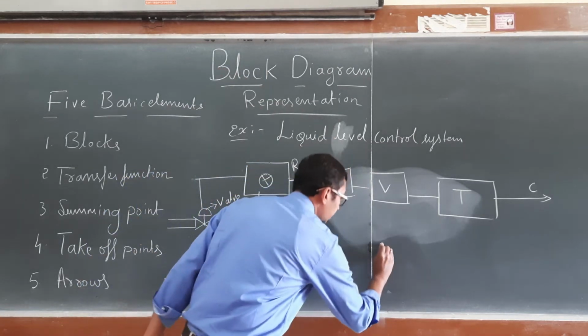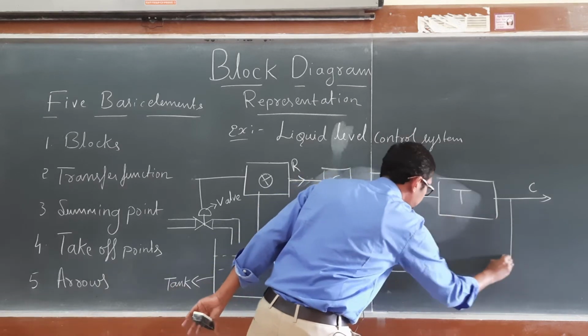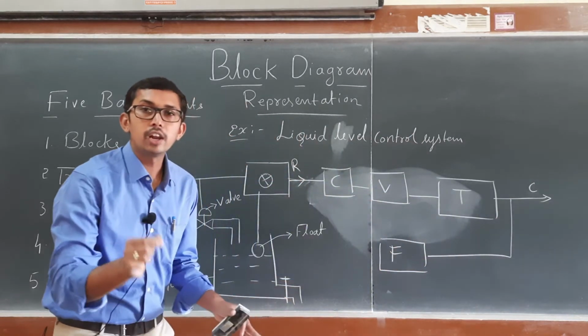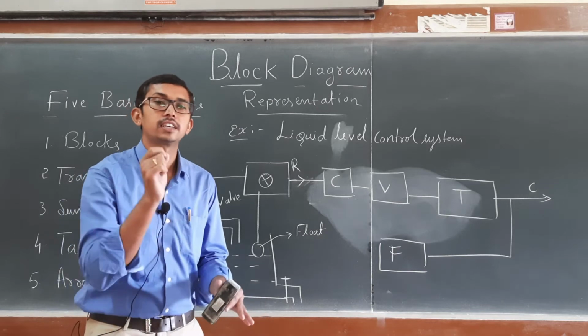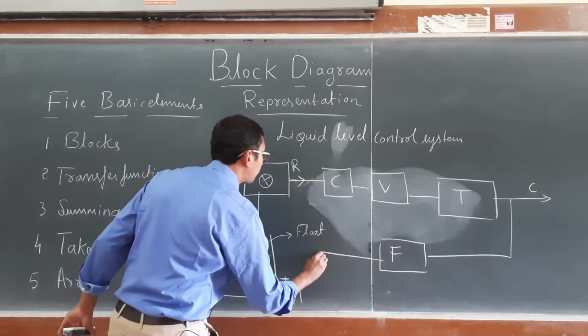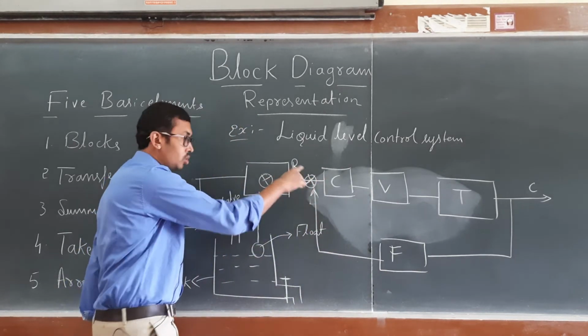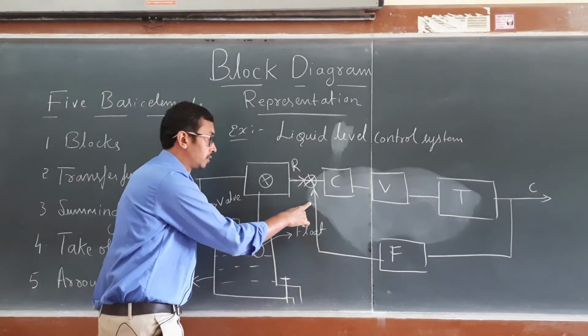So what will be the feedback over here? The float is the feedback. It checks the level of water in the tank at each and every second. That signal will be compared with the reference input as well as the feedback signal.